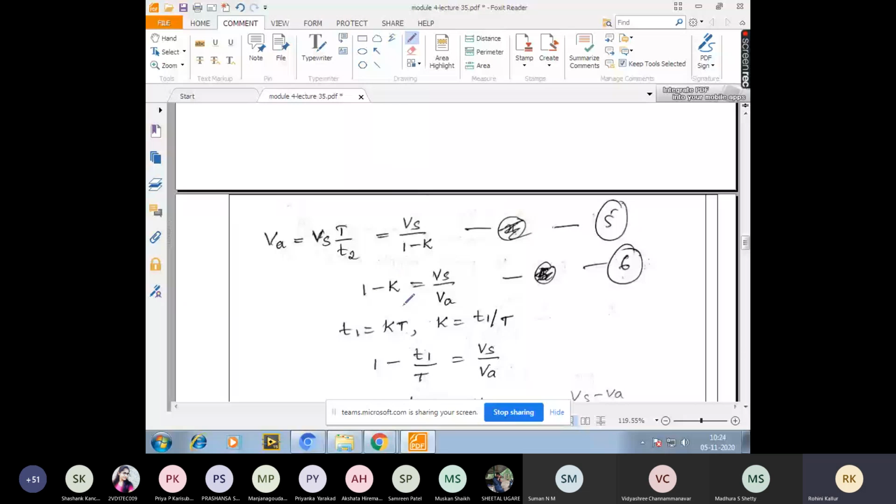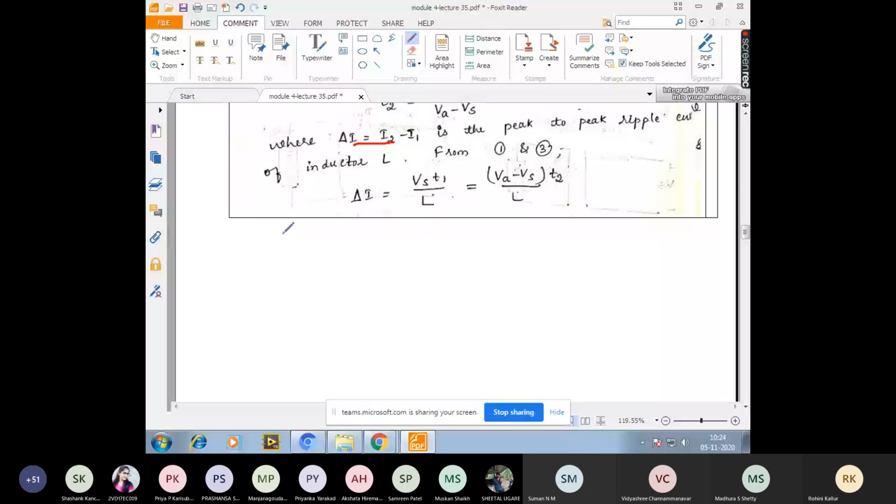This is Va, which is equal to 1 over T integration from 0 to T of V naught dt. This is the average output voltage equation.